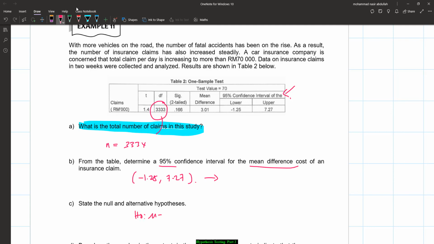Null will be mu is equal to 70,000, right? 70k, right, alternative hypothesis, tapi kita dah convert this one to K kan. So kita hilangkan K dekat sini. So mu is equal to alternative hypothesis, dia kata more than mu more than 70. So this is a one-sided test lah.